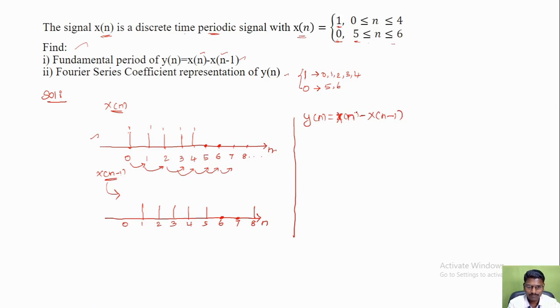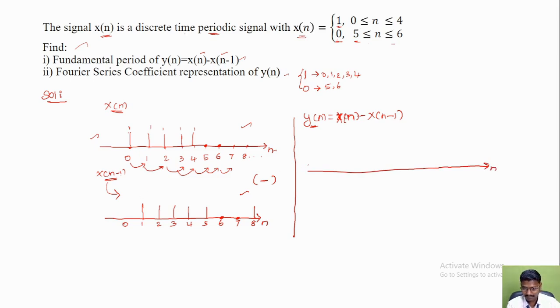I already have the values for x of n and x of n minus 1. From these I need to subtract the two signals to get the value of y of n.